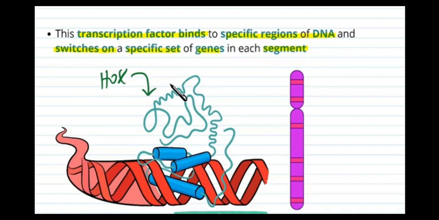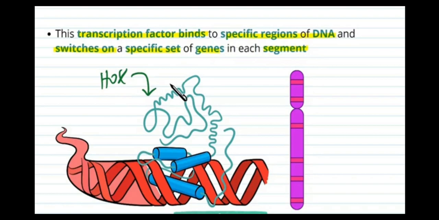This homeodomain has a helix-turn-helix conformation, and with this conformation it binds at a specific region on the DNA. This will enhance or switch on certain genes.